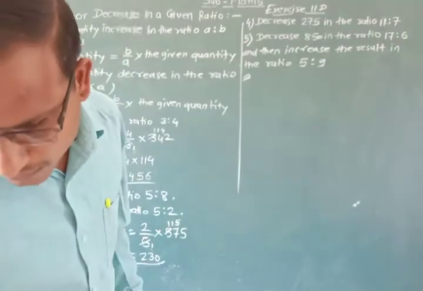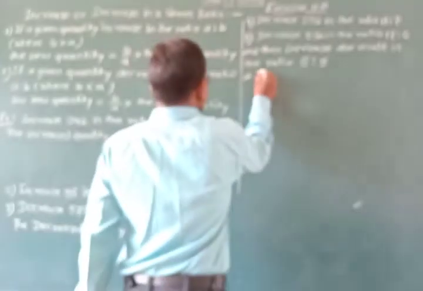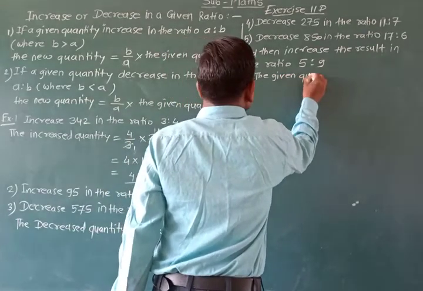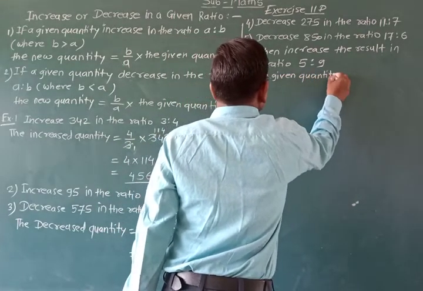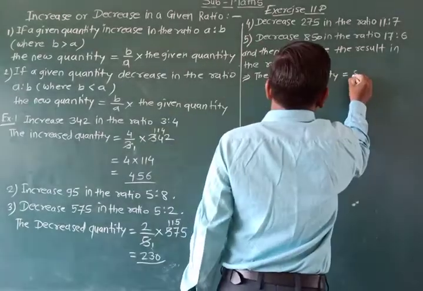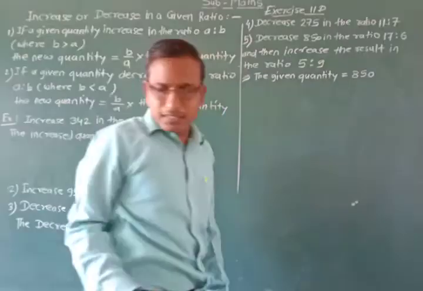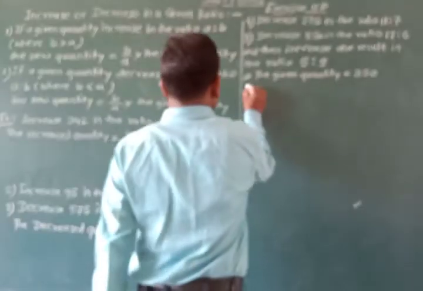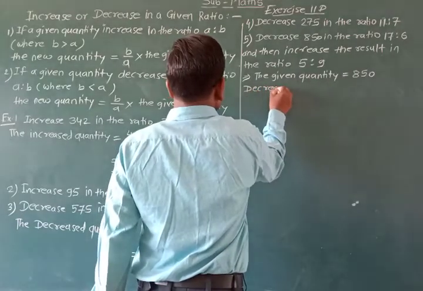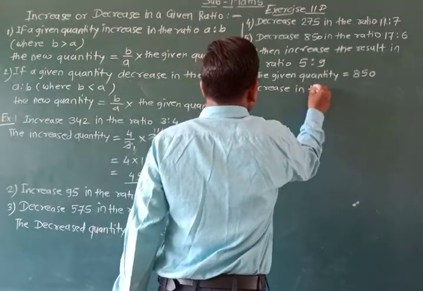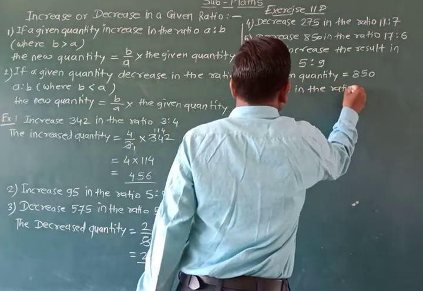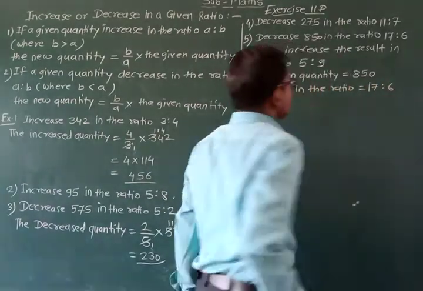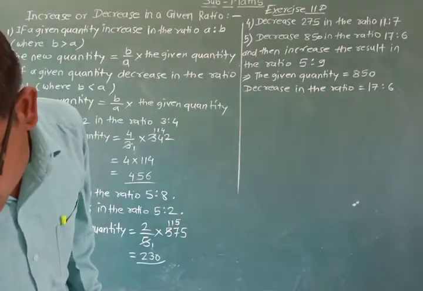The given quantity is equal to 850, and the decrease is in the ratio 17:6.